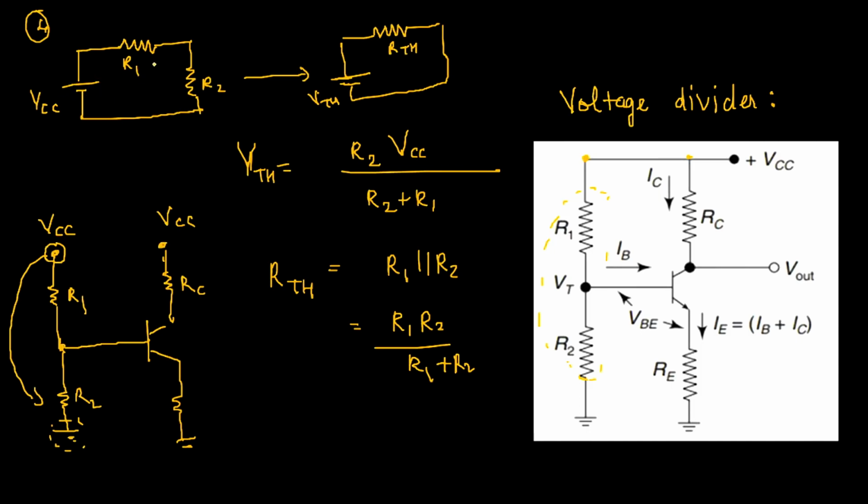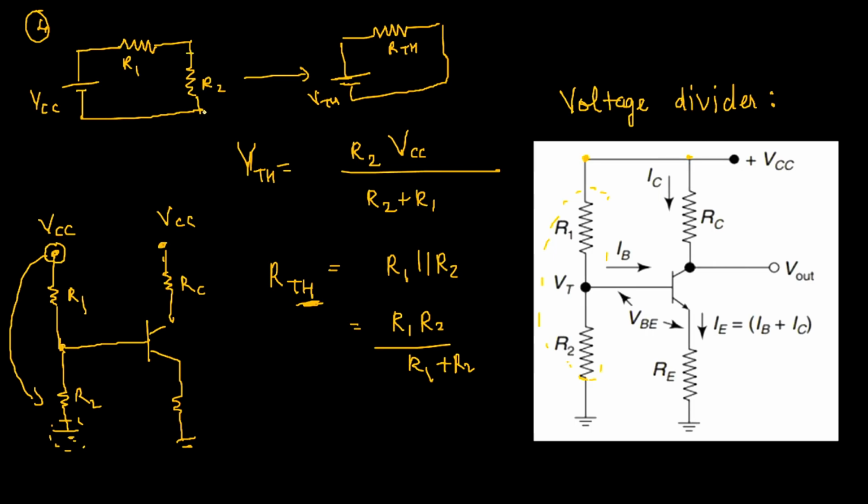When we short circuit this, we get R1 parallel to R2. So that is what our equivalent resistance will be. And to find VTH, what we do is we actually remove the voltage source and calculate what the potential difference is across this particular terminal.